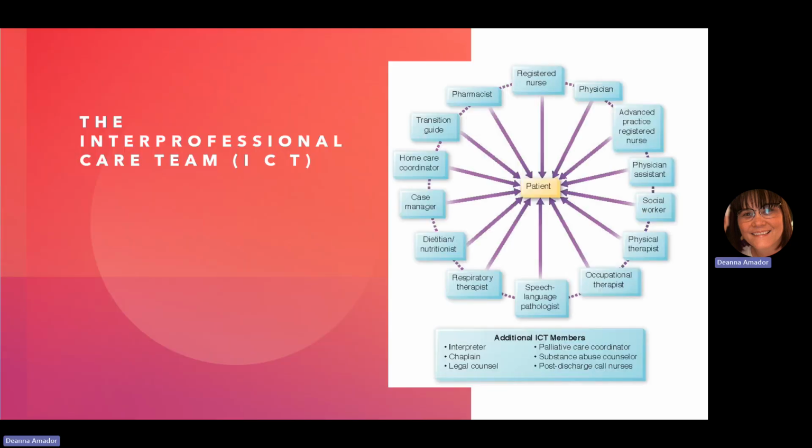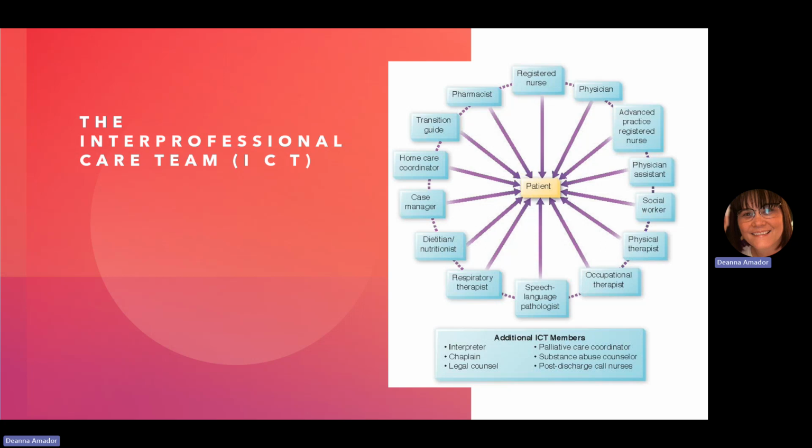This next slide, again, shows some of the different members of the professional care team. You can see here that you have the registered nurse, nurse practitioners, physician assistants, on down to, as I already said, occupational therapists, respiratory therapists, case management.